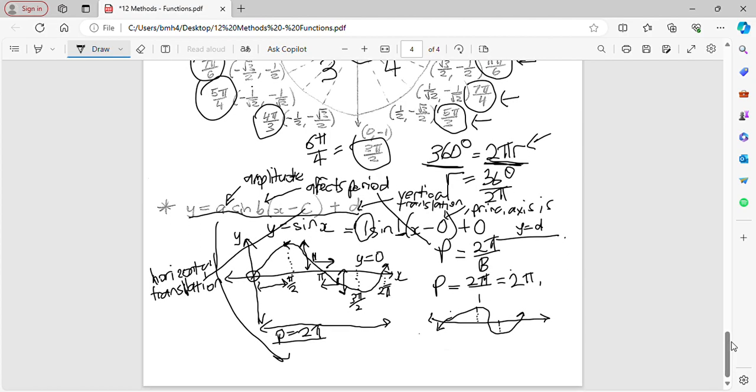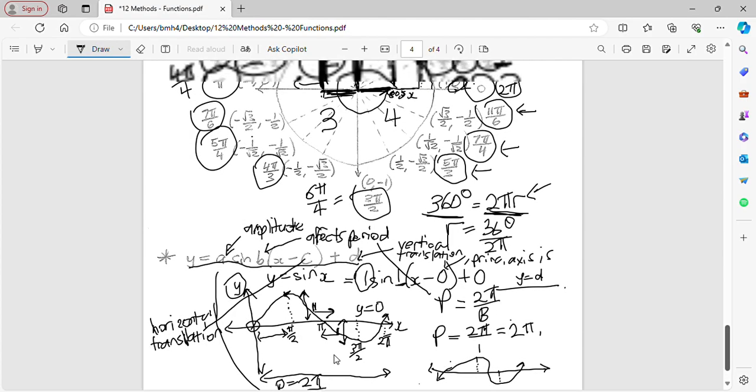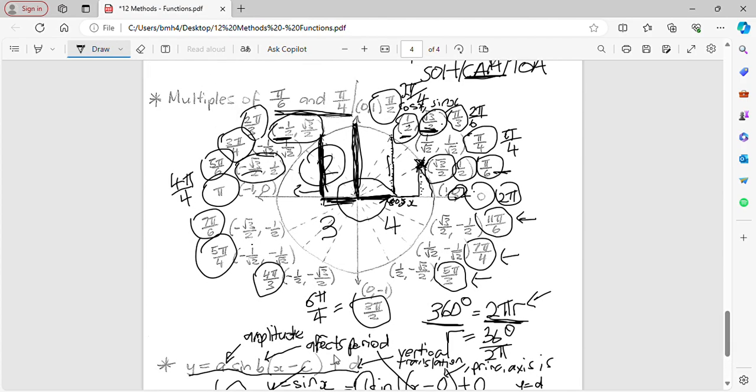It's hard without a specific question. It'd be easier to explain with a question in front of me to show you. But basically, you're looking at when sine x equals 0. So you make the equation equal to 0, and then you find the zeros, and if you're looking for the exact values, you're going to find them from here.